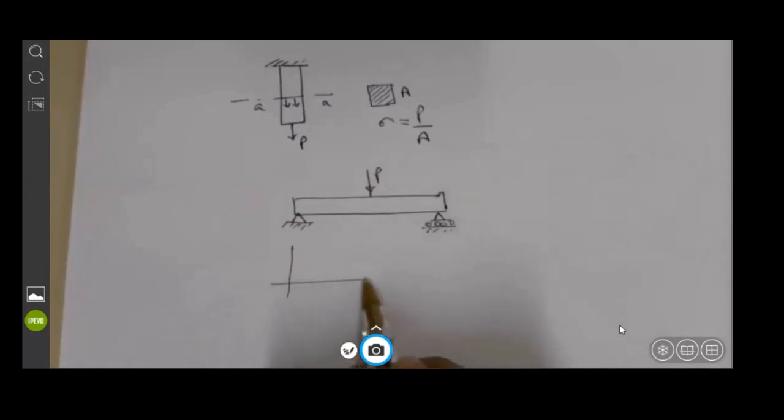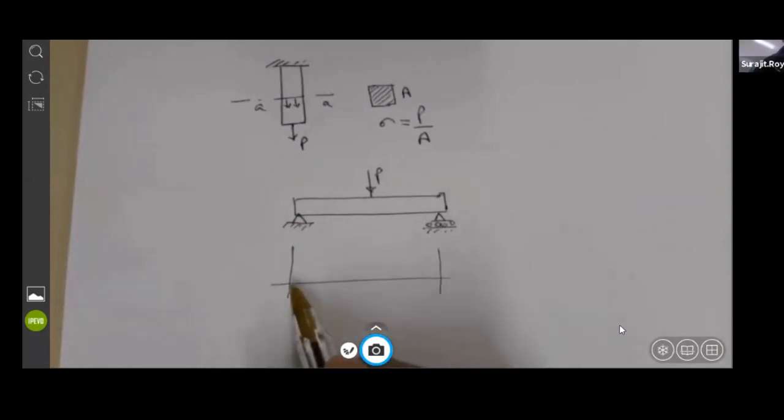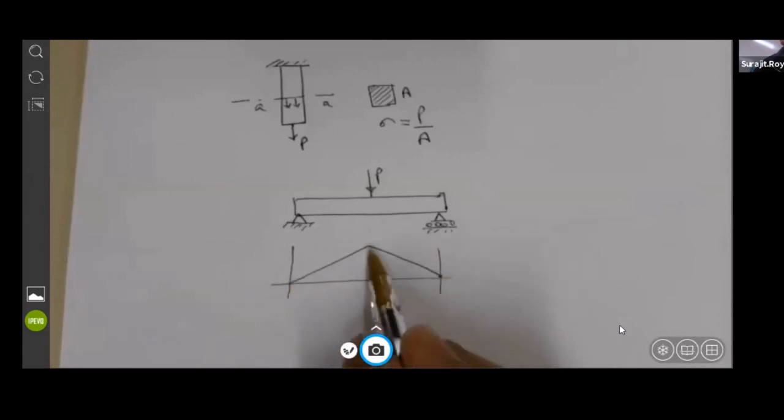And the reason that it will be maximum in the middle, because if you do the bending moment diagram, the bending moment diagram shows you that the bending moment is maximum at the middle. And this is basically going to be P times L over 4. So this is M max.